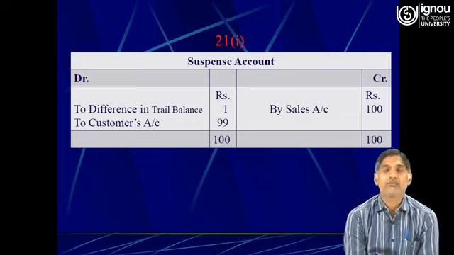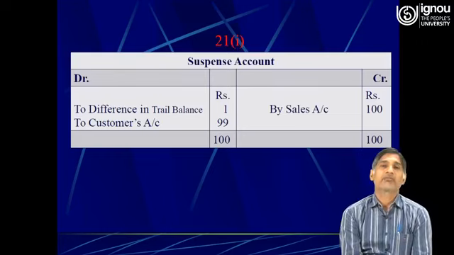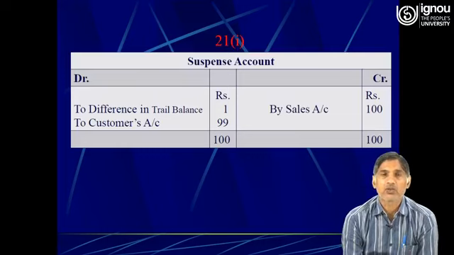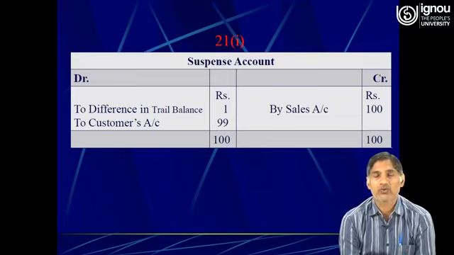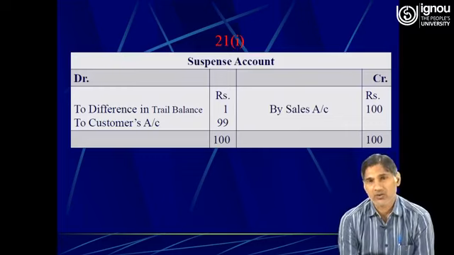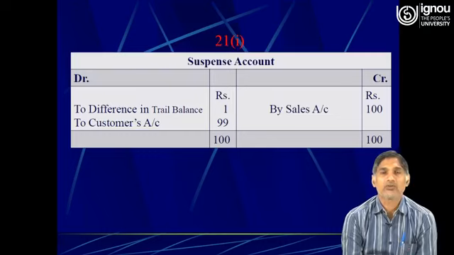Then the balance of the suspense account is carried forward to the next year, and during the next year we try our best to locate the errors, and when the errors are located and rectified with the help of the suspense account, then the suspense account will automatically get closed. So this was the role of the suspense account.